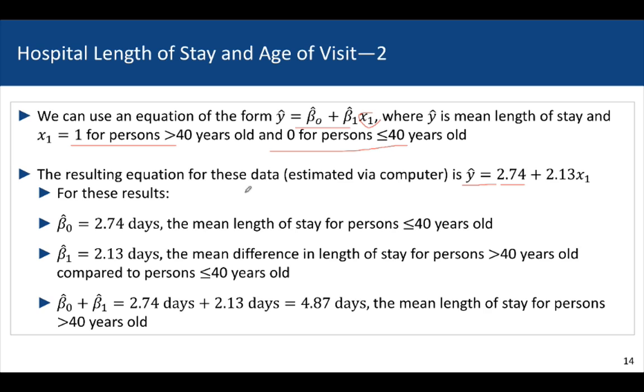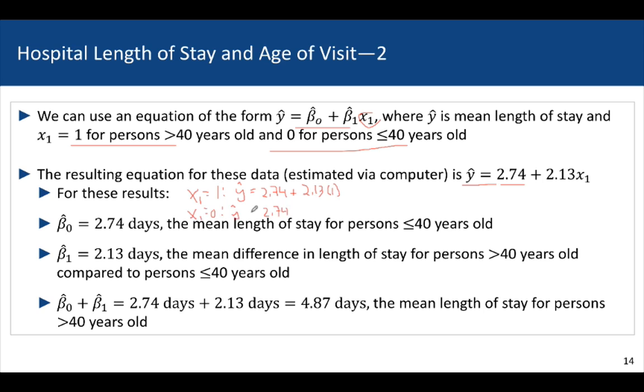So again, x1 is 1 for older persons, and for that group the estimated mean is 2.74 days plus 2.13 days times 1. When x1 equals 0, the younger group, the mean is simply y hat equals 2.74.